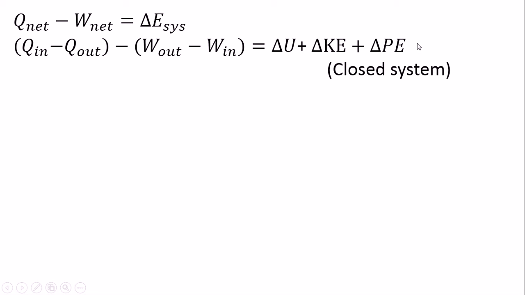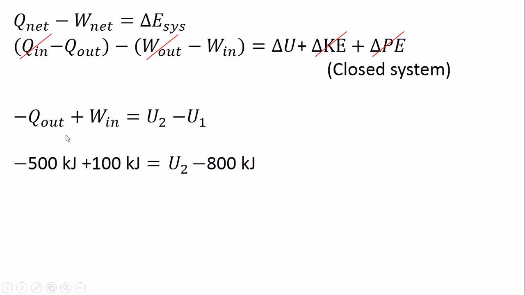Also, this only applies to a closed system. So you can cancel the variables that are not applicable in this question, which leaves you 4 variables, and you need 3 to solve for the rest, which are given: Q out, W in, and U1. Solving the mathematics, you get U2 similar to the previous answer.